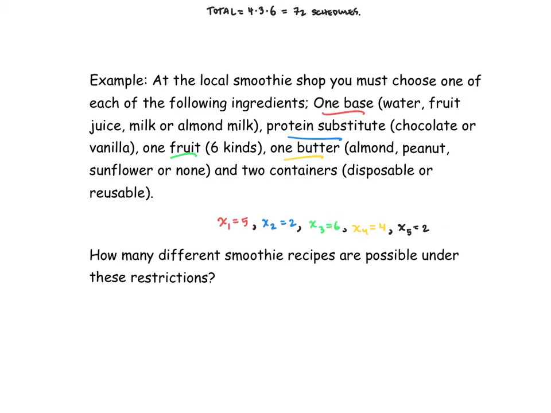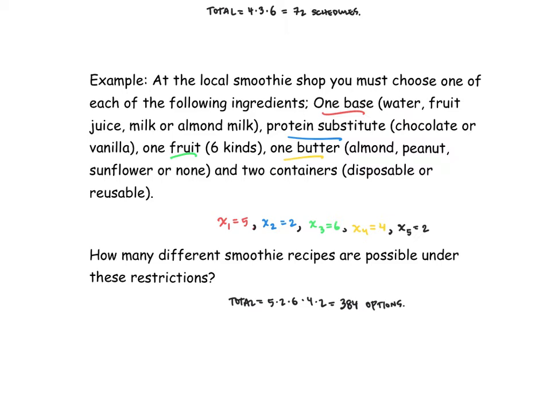So how many different smoothie recipes would be possible? We would simply use the product or the multiplication rule and take 5 times 2 times 6 times 4 times 2, which gives us a pretty big number, 384 options.